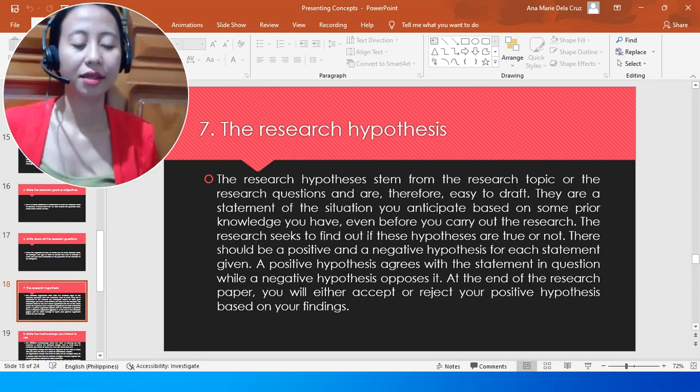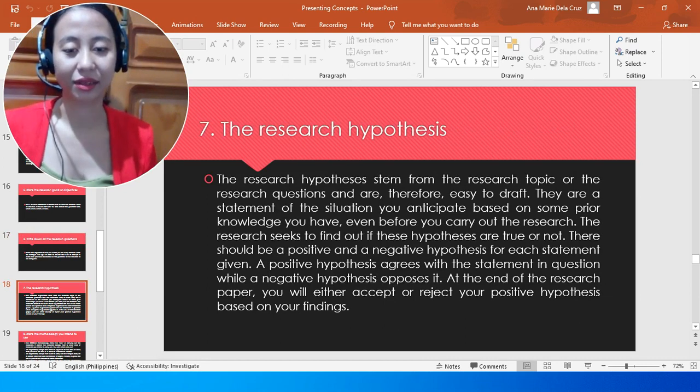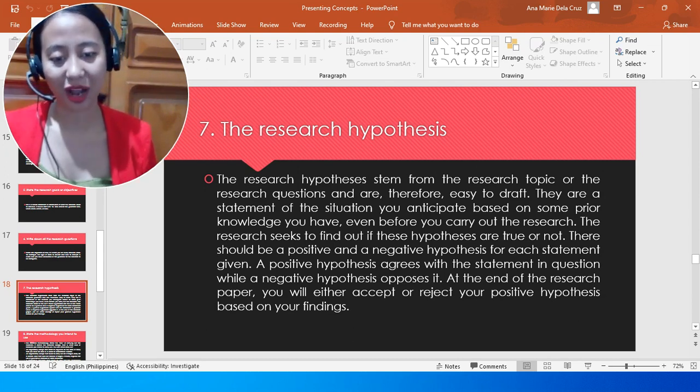Next, the research hypothesis. What is hypothesis again? This is an educated guess. The research hypothesis stem from the research topic or the research questions and are, therefore, easy to draft. They are a statement of the situation you anticipate based on some prior knowledge you have.